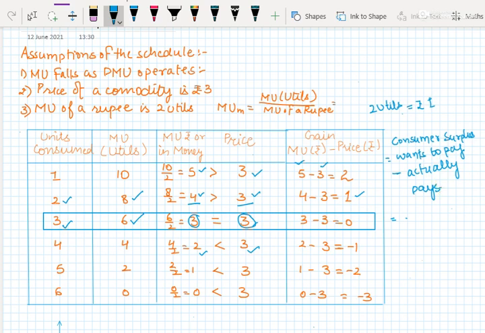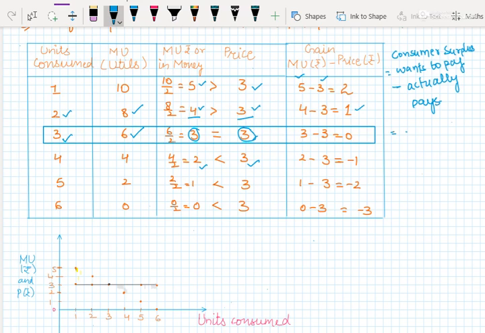A rational consumer will not do this. To understand this, let's study this diagram. In this diagram, the marginal utility is measured on the OY axis, where the number of units consumed are shown on the OX axis.